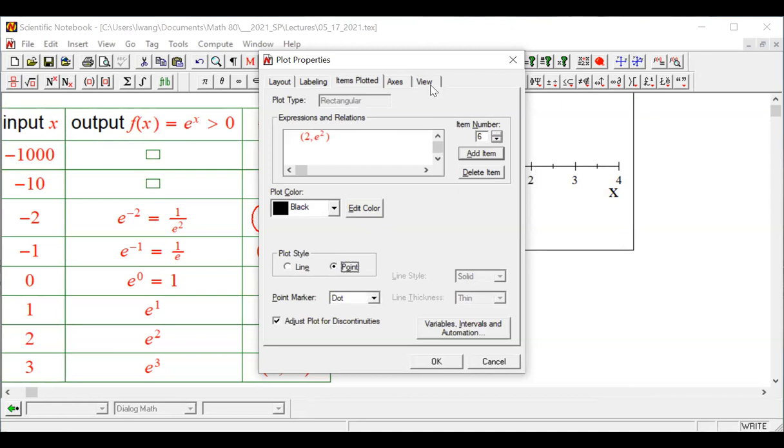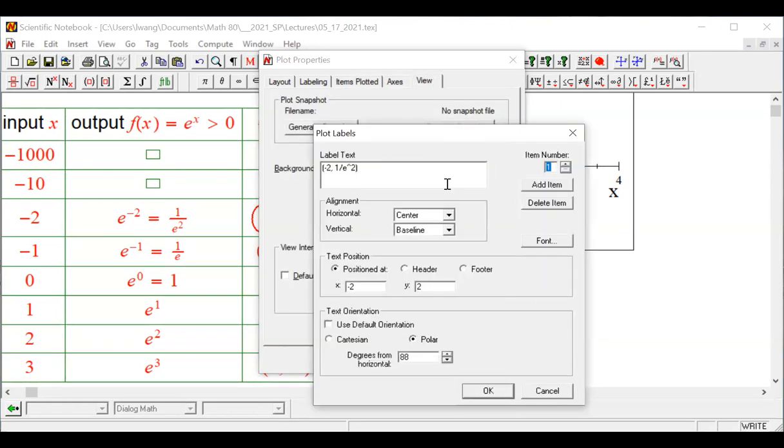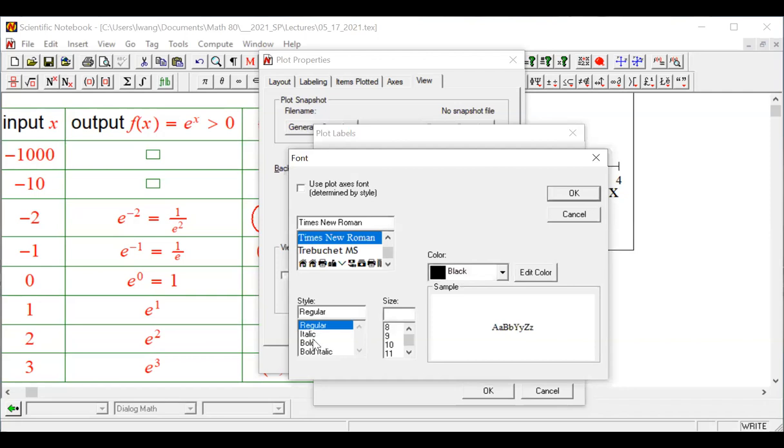So this dot, and then we're gonna add this point, 2 comma E squared. E is between 2 and 3. So E squared is between 4 and 9. So if I put a 5 there, that should do decent work.